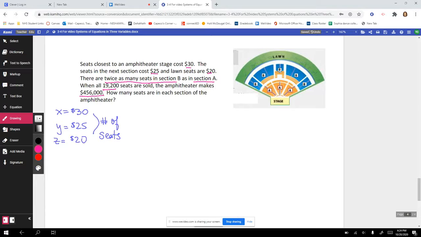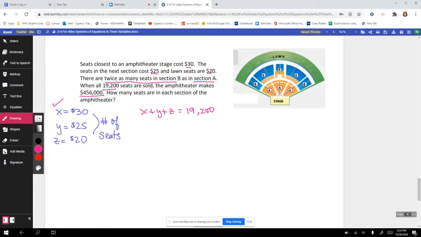So again, there's a lot going on. So we know we have three variables, which are marked over here. We're going to make x equal to the number of $30 seats, y the number of $25 seats, and z the number of $20 seats. So let's first talk about the number of seats. We'll do a quantity. When I add them all together, x, y, and z, I know it's 19,200.